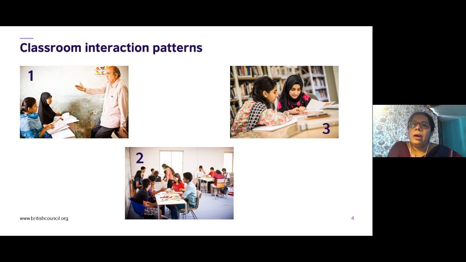For example, picture number 3, I can see two students working together. It's an image of pair work. Can you look at 1 and 2 and tell us what is the interaction pattern here?